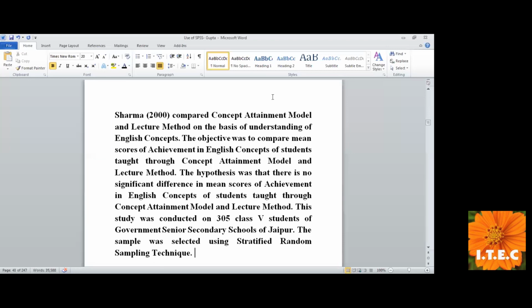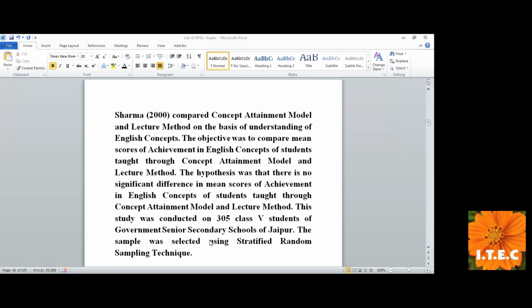So you can write at the most two sentences. All the information I am writing is related to Sharma only, Sharma 2000. All this information I am getting from the paper written by Sharma. I'm not writing on my own. These are the information which you have to take from the paper of Sharma.